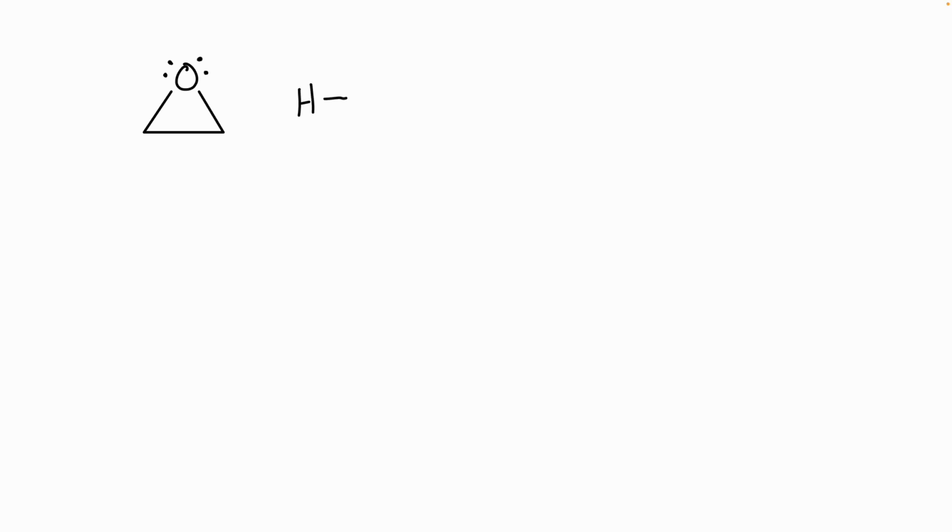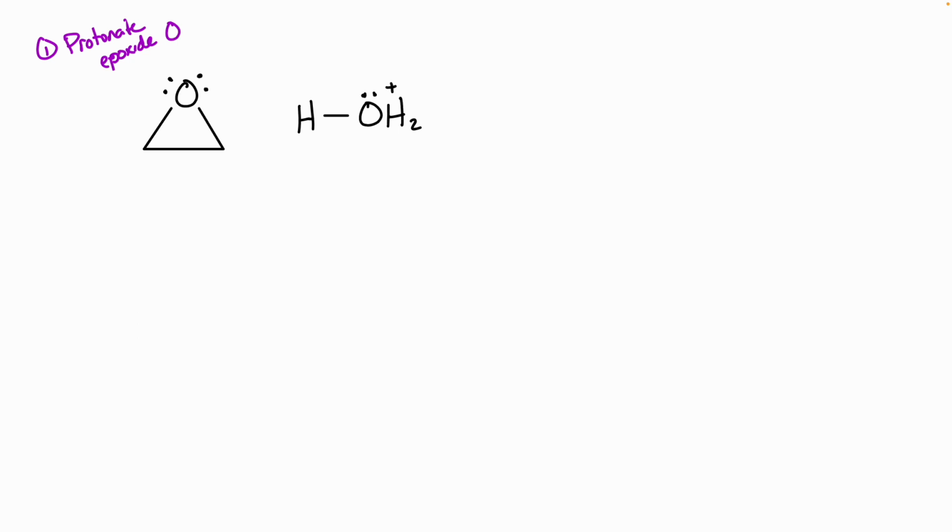And since we need a proton donor, we're going to use that hydronium ion under acidic conditions. That first step is going to be to protonate that epoxide oxygen. And what we're going to see is this is going to help us manage our charges here, avoiding any negatively charged intermediates.